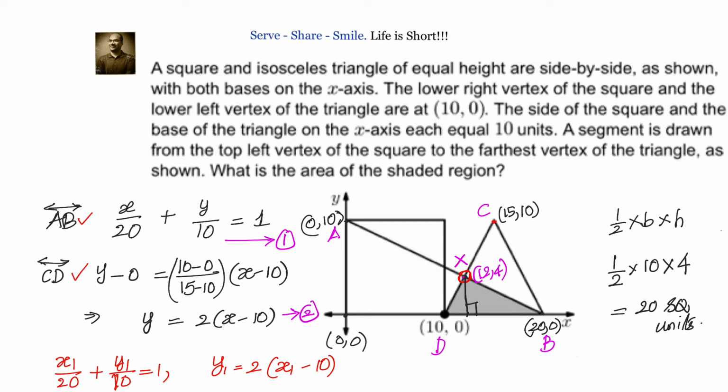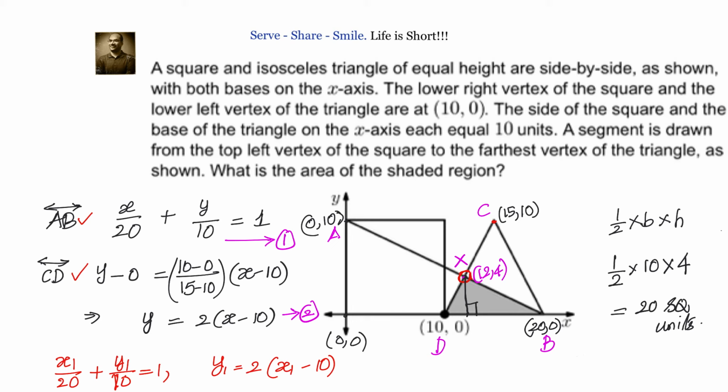Now we started placing the points and their coordinates. So we know origin is 0, 0, then 10, 0. Then we got that coordinates of B are 20, 0. We can easily find out coordinates of C, because C will be exactly the midpoint of B and D with respect to x coordinate.